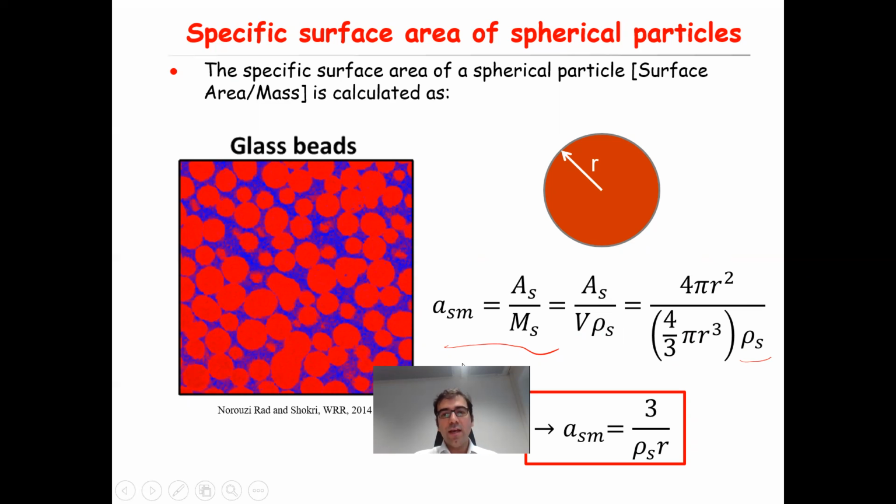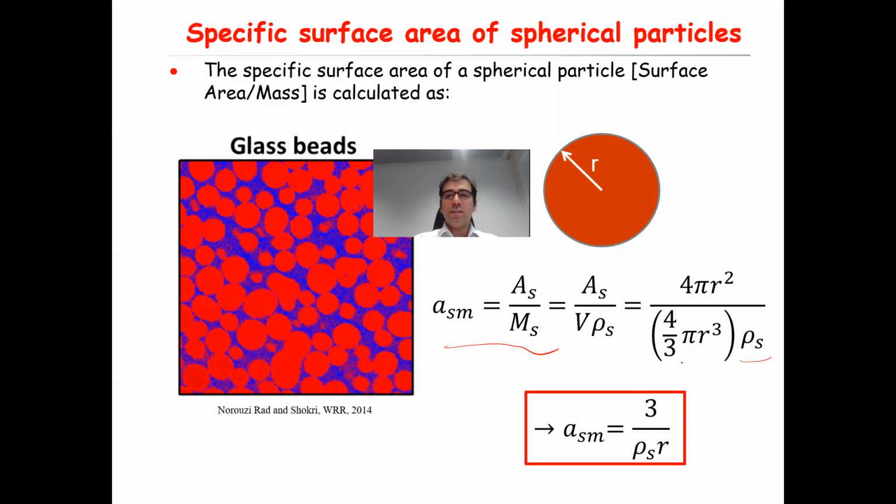If you do a little algebra here, you can rewrite this equation as ASM is equal to 3 divided by rho S times r, where r is the radius of your particle. As you can see here, the specific surface area has an inverse relationship with the radius when you're dealing with a spherical particle.